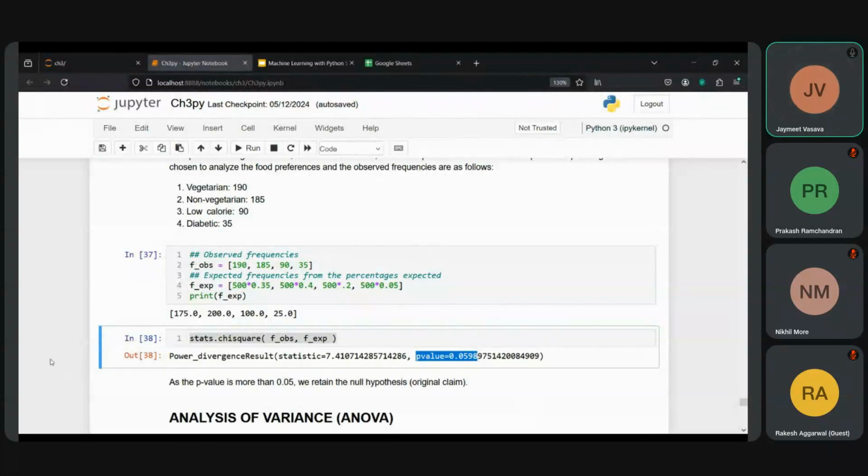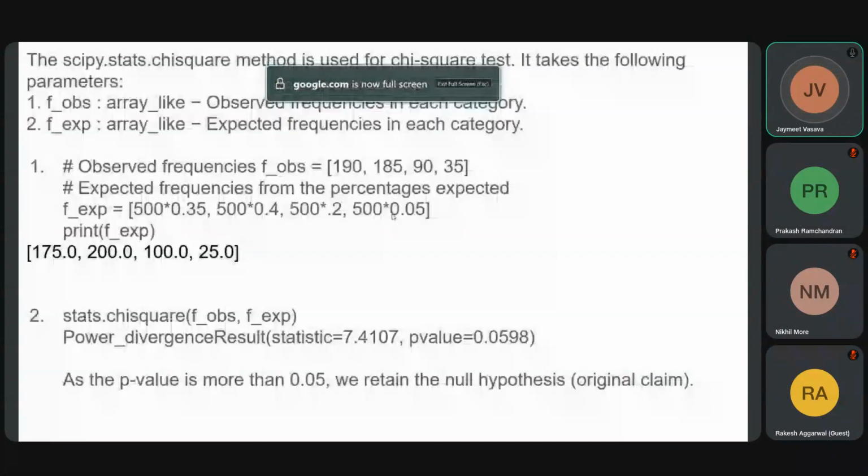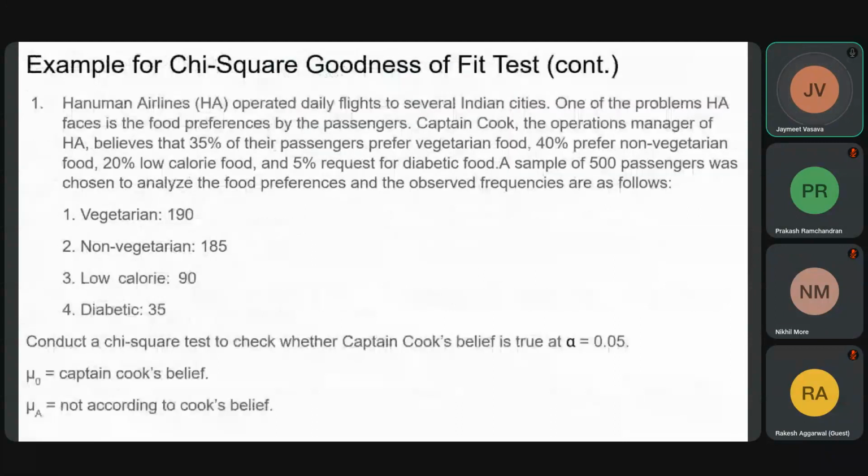As the probability value is more than 0.05, we will retain the null hypothesis, which is the original claim of Captain Cook about the percentage values of passengers and what kind of food they prefer.